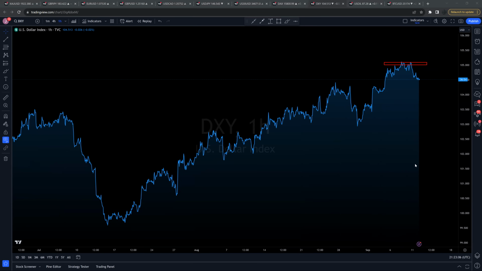So we could see dollar bears in control and just prices subdued on the dollar, potentially setting up into the CPI day, where corrections down into 104 seem very, very normal as our first area of interest. Deeper pullbacks would be into the mid 103s there. But our first area of interest is starting to look at the 104s.